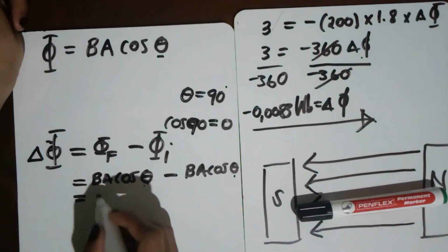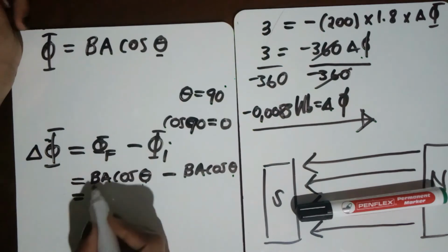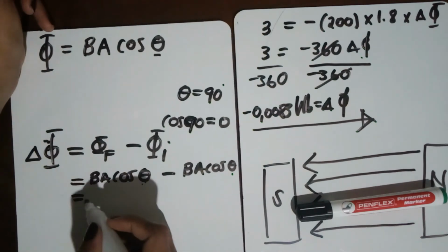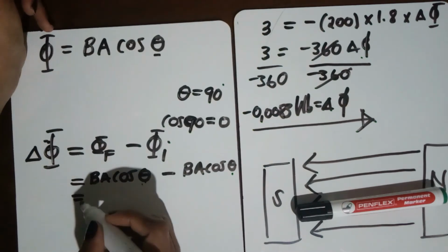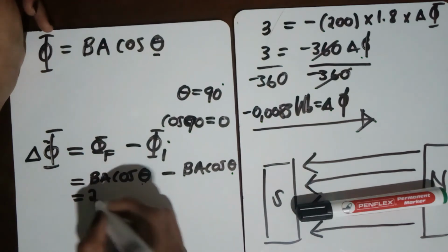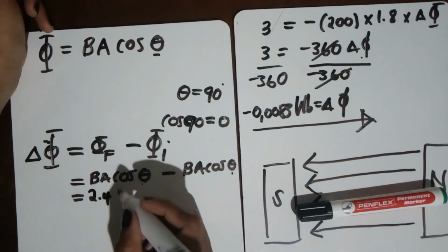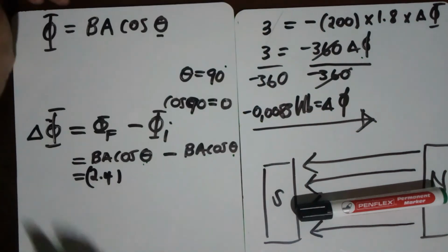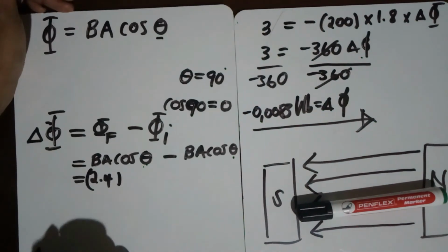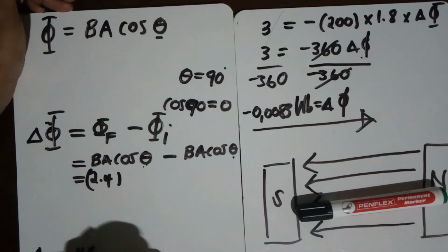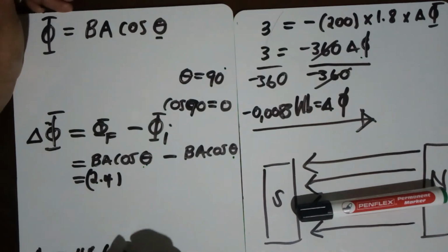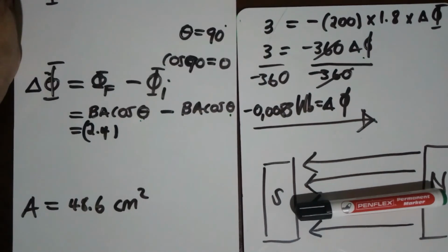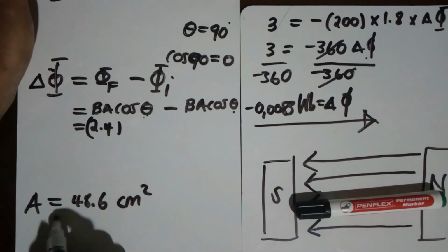So BA we already know. What is my B? I'm given my B in Teslas, so it's 2.4. That's my magnetic field. What's your area? Your area is given as 48.6 square centimeters, but we have to convert it first to square meters.